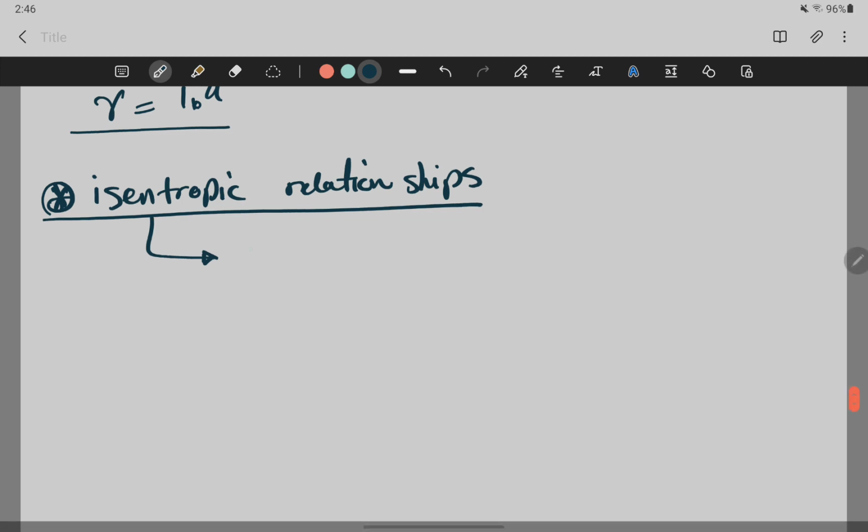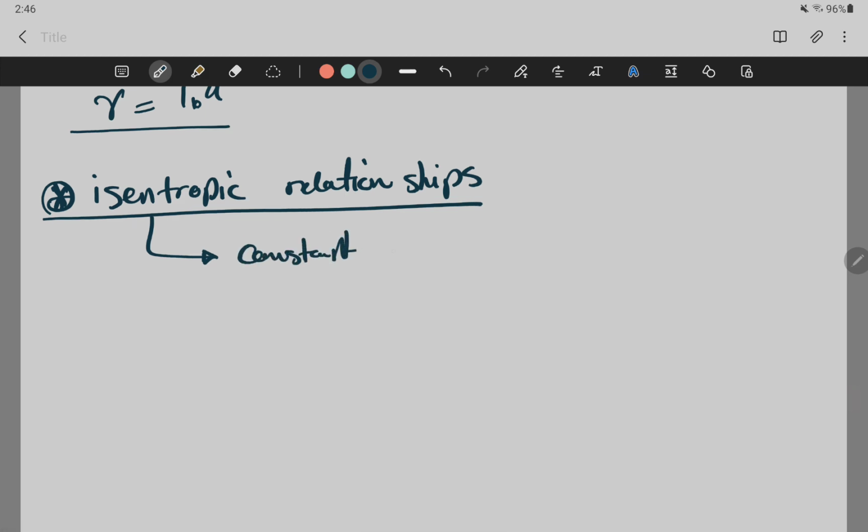So constant entropy processes are called reversible. But if we already have a name for constant entropy processes, what is the difference between an isentropic process and a reversible process?